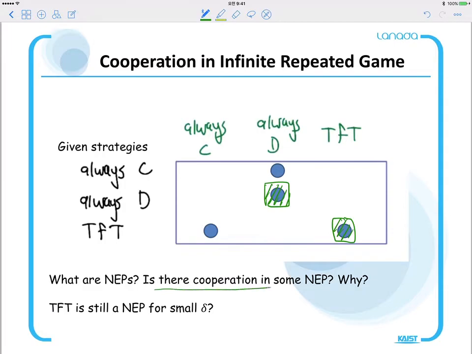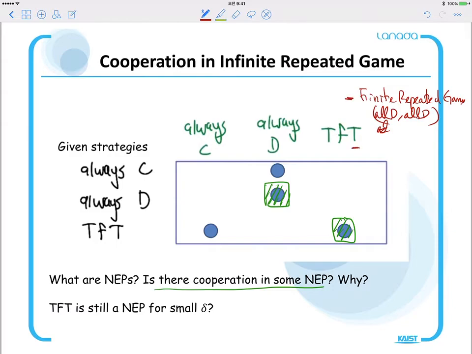Is there any cooperation in the Nash equilibrium? Yes. Do you remember that in the finite repeated game, just always D and always D was the Nash equilibrium as well as the subgame perfect Nash equilibrium?